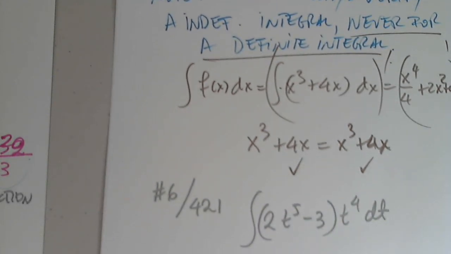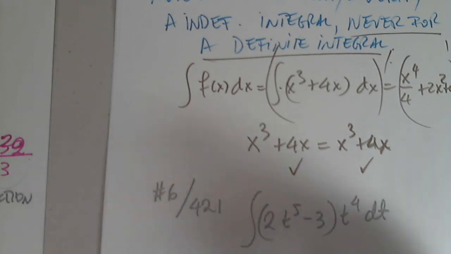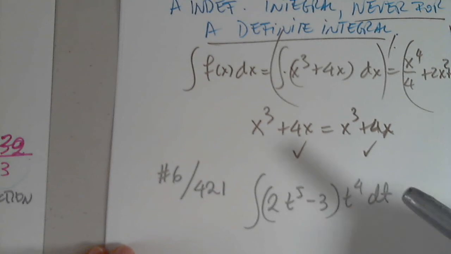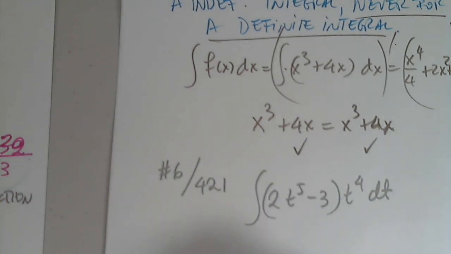And you could say, but that's not a big deal. Just distribute, and you're going to do whatever you have done so far and find the function. True. That's correct. But let's suppose we want to use a substitution.